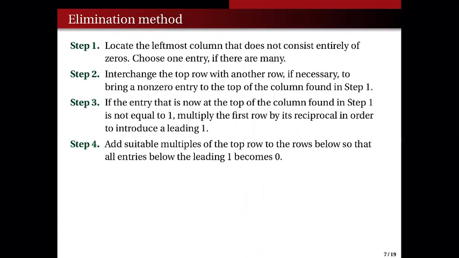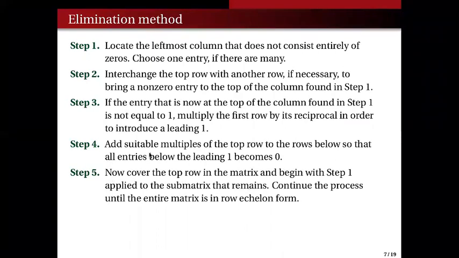Step 5. After doing all these in step 4, what you're going to do is to move down. So, cover the top row in the matrix. Okay? Cover the top row in the matrix.